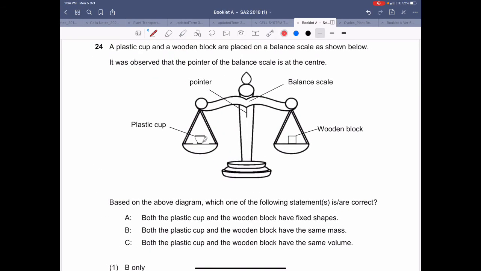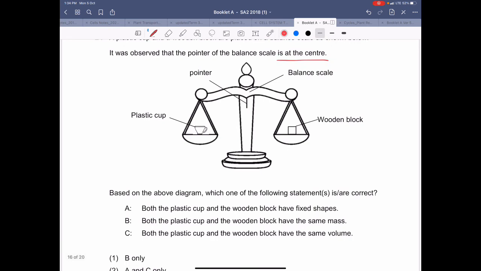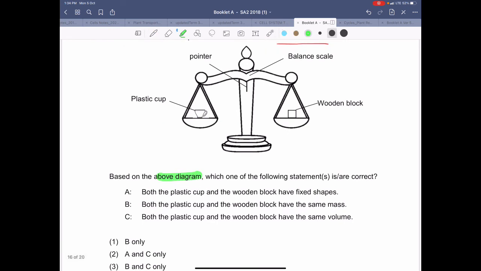So when it's at the center, or we say that both items being weighed are in a horizontal line, it's not tilting to one side, it means that both objects have the exact same mass. Now based on the above diagram, which one of the following statements is or are true?